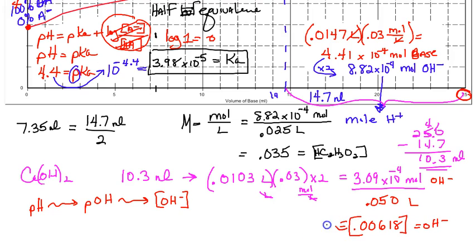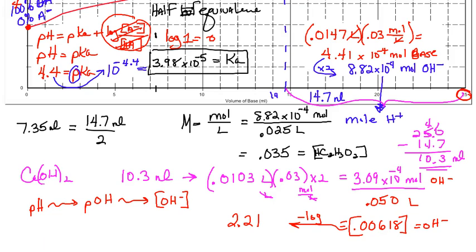And what do I do from here? I'm going to do a negative log. So I do negative log in my calculator. So negative log of my answer. And that gives me 2.21, let's say. And I'm going to subtract that from my kW, which is 14.